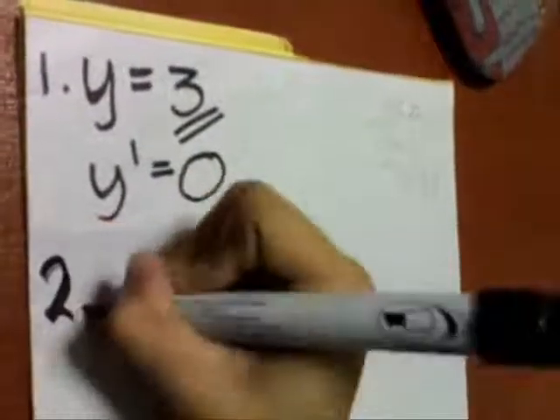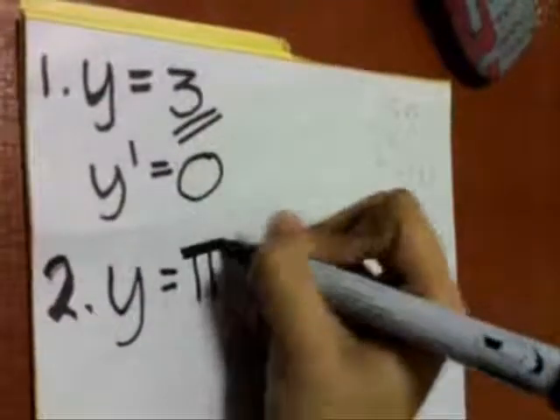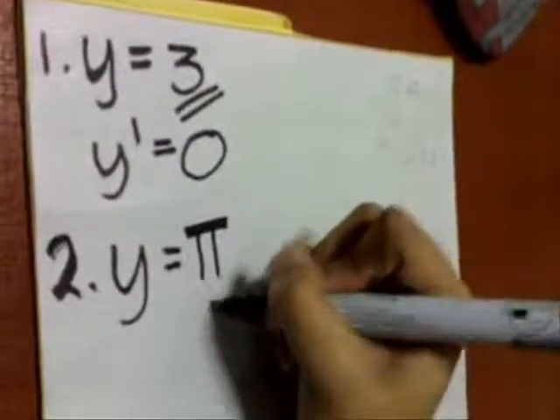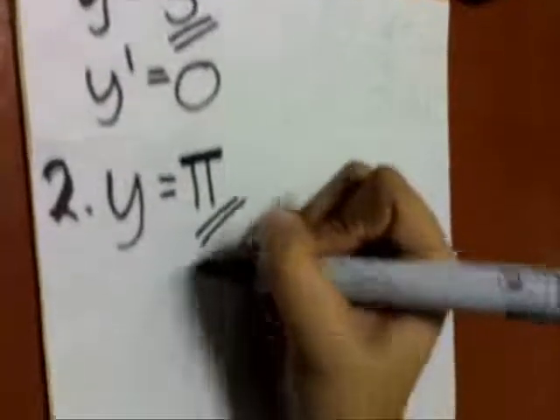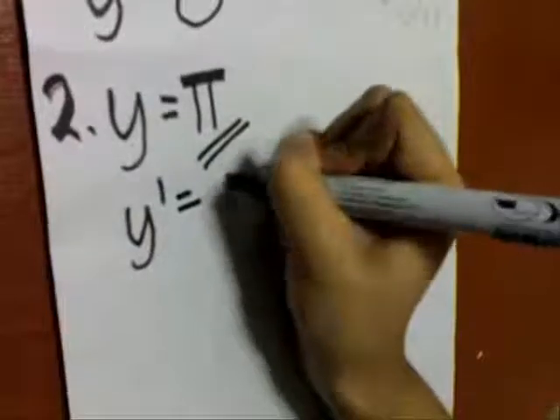Number 2, y is equal to pi. As I've said earlier, pi is a constant, so its derivative is equal to 0.